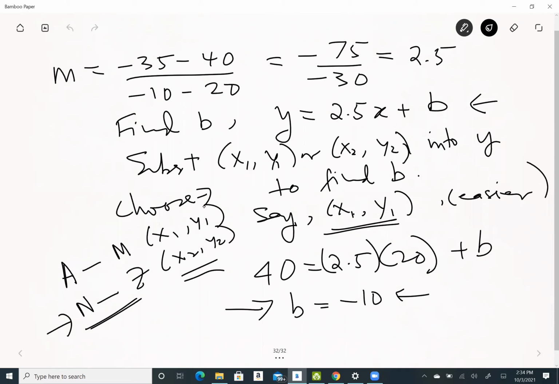Now, case number 2, where you are given the slope. Let's say we know m is equal to, say, negative 12.1. That's the slope. And then you are given a point, say 5, 7. So now what you do, you make use of the m.